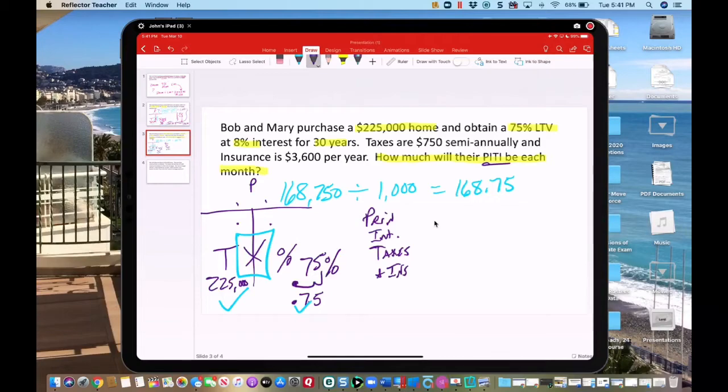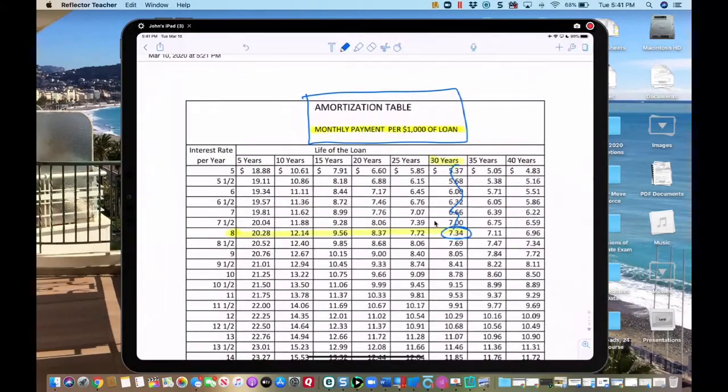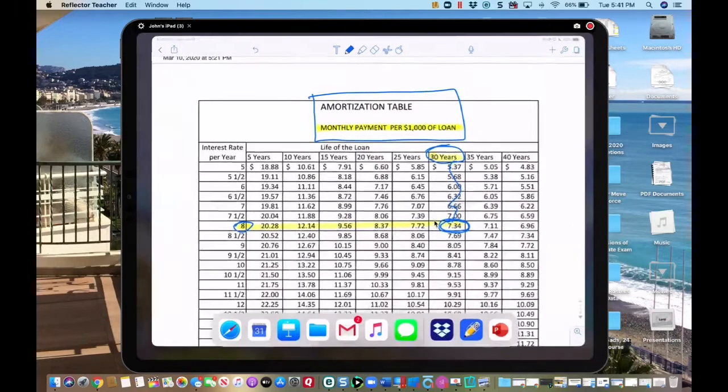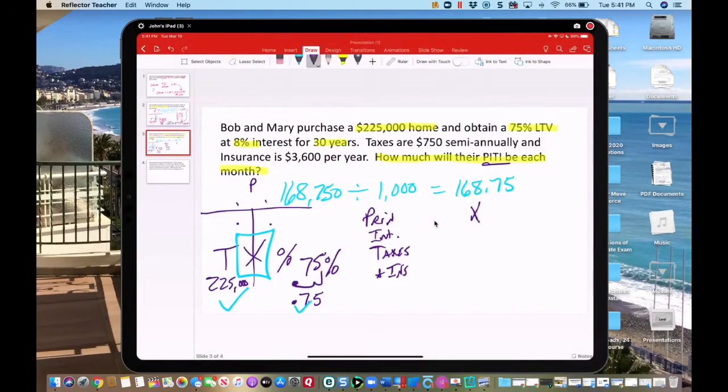Now, if we take the 168.75 and multiply it times $7.34, remember it's 8% for 30 years, $7.34, we get a payment of $1,238.63. But this is just our principal and our interest.